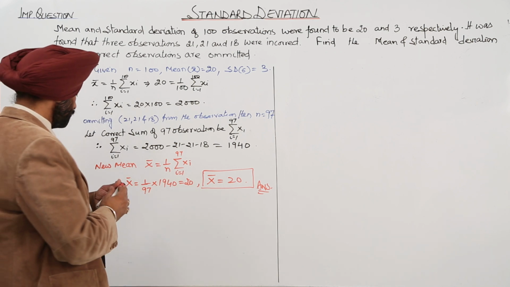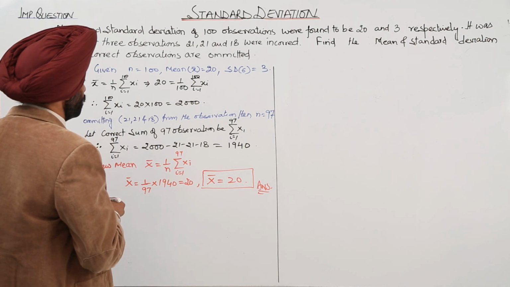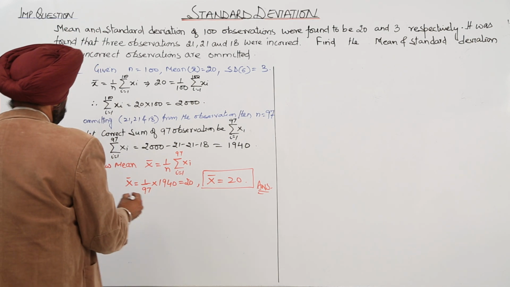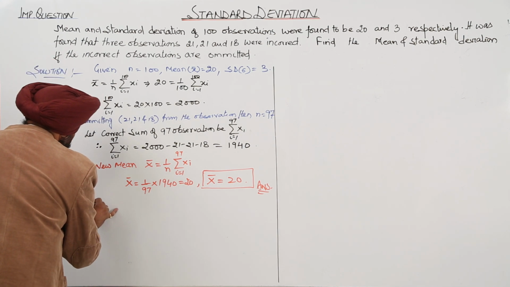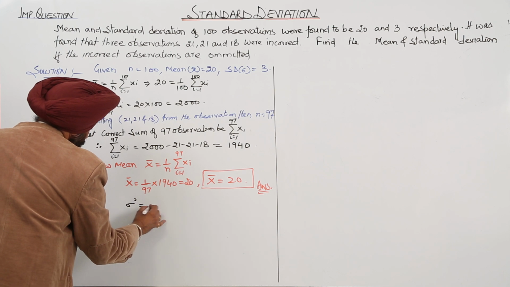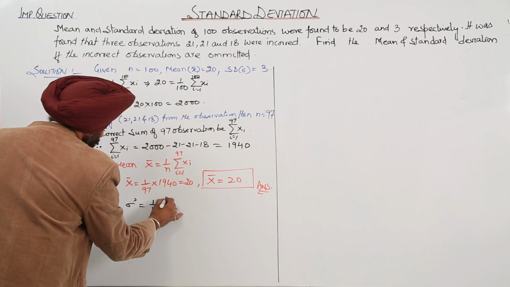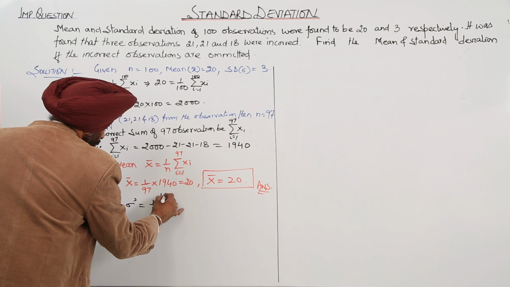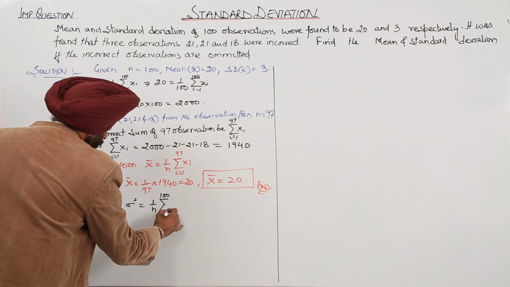Okay. Now moving on to the standard deviation. The standard deviation is also 1 by n, 100, for the old data.